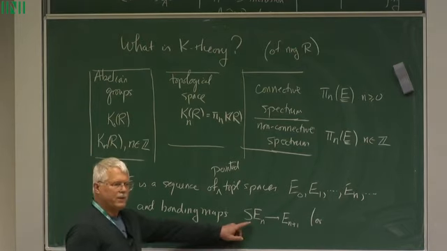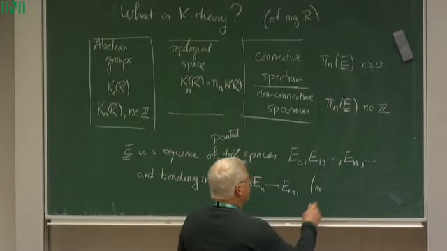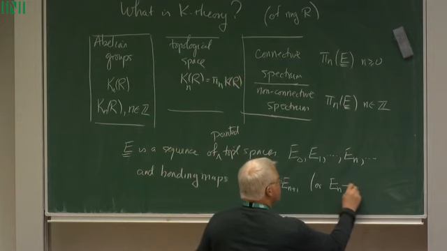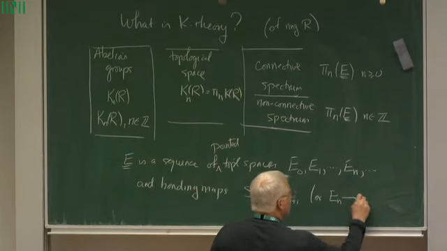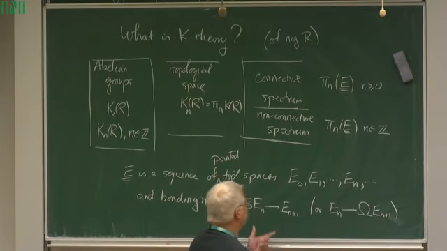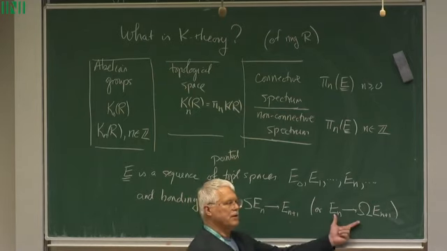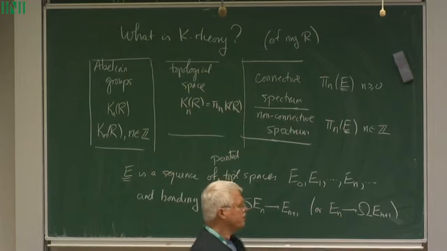If you want to take the suspension of a topological space, it's a good thing to take the suspension of a pointed topological space. And when you do that, there's an adjunction: maps from the suspension to here are in one-to-one correspondence with maps from E to the loop space.